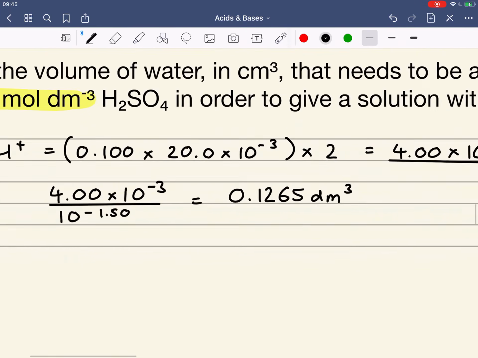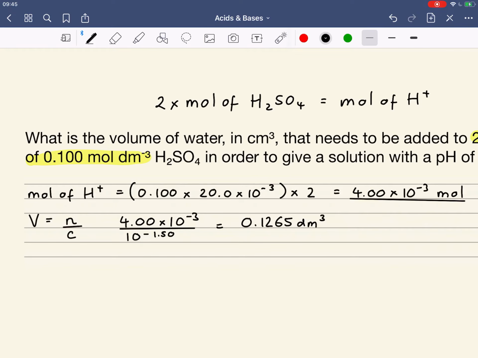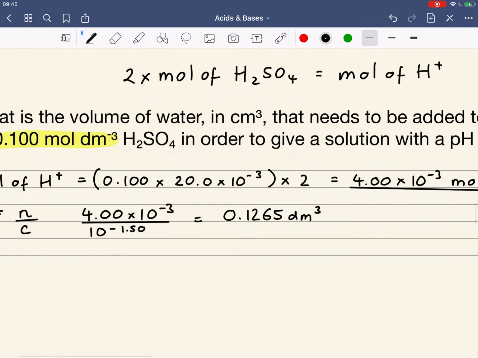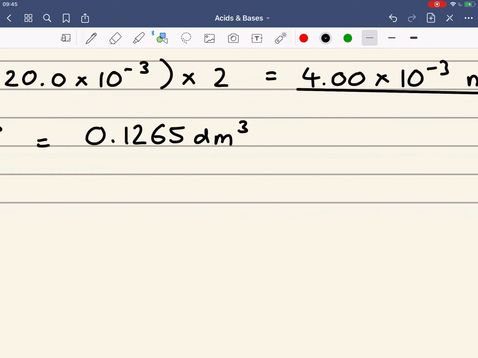Because the question asks what is the volume of water in centimetres cubed that needs to be added, I'm going to convert this into centimetres cubed by multiplying it by 1,000. That gives me 126.5 centimetres cubed.